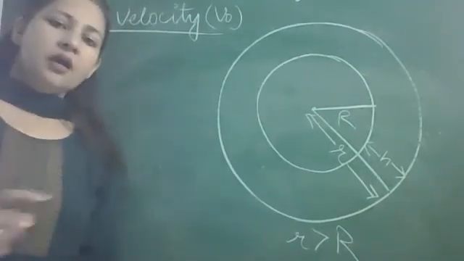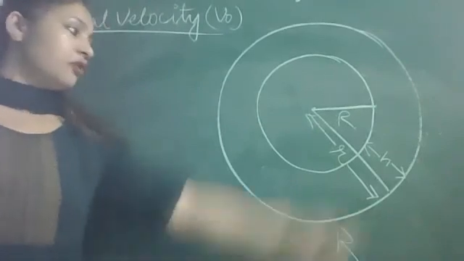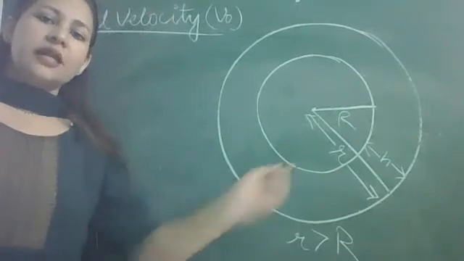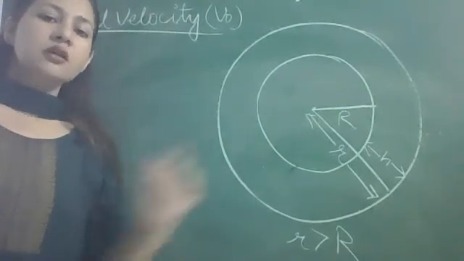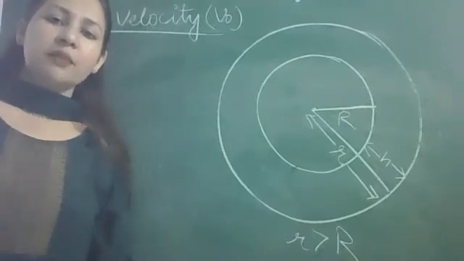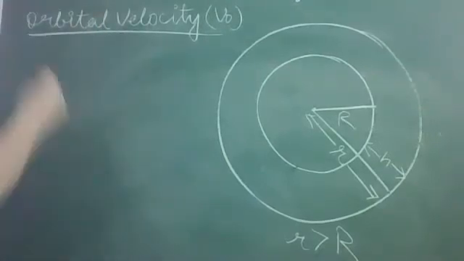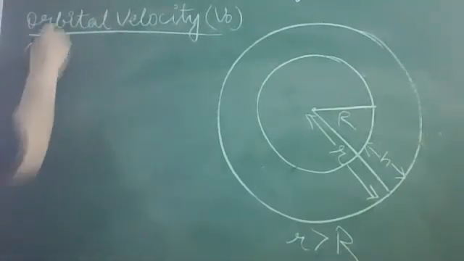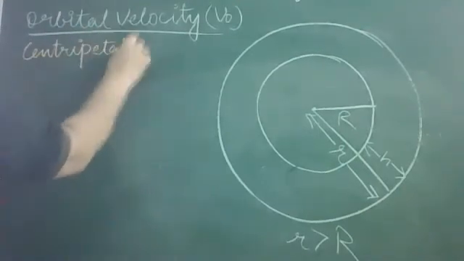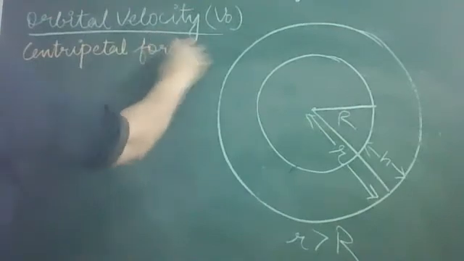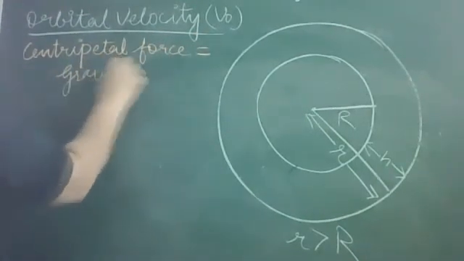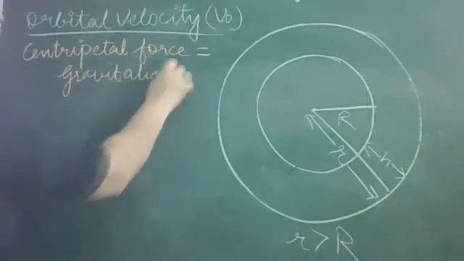Now you know what is the biggest driving force for a satellite to revolve around the planet? That is gravitational force. It is this gravitational force that provides the necessary centripetal force. So our main equation is centripetal force is equal to gravitational force.